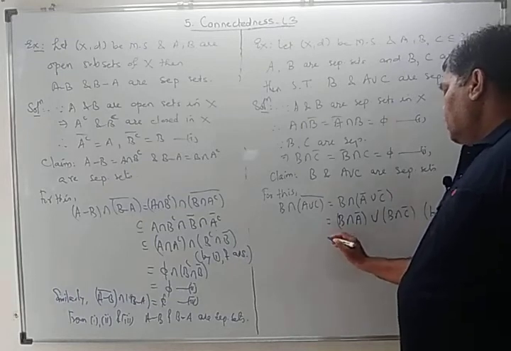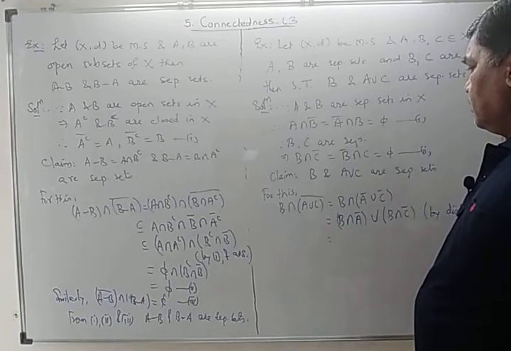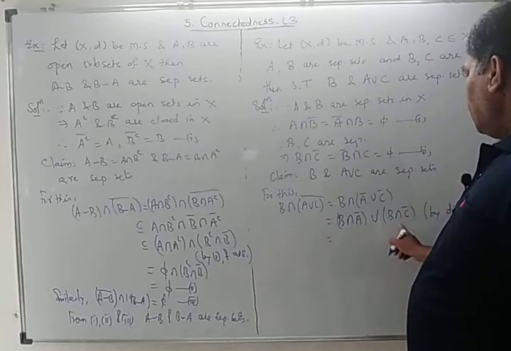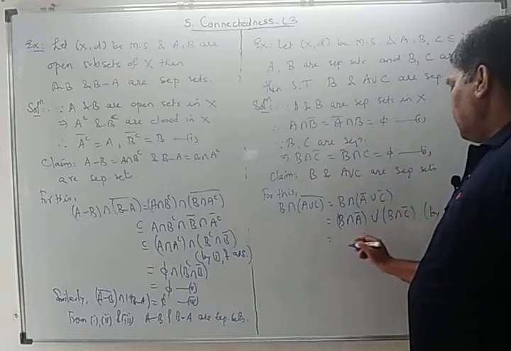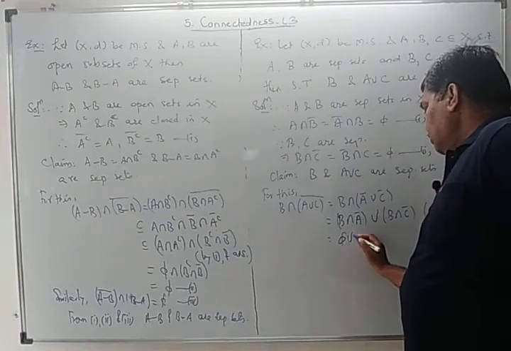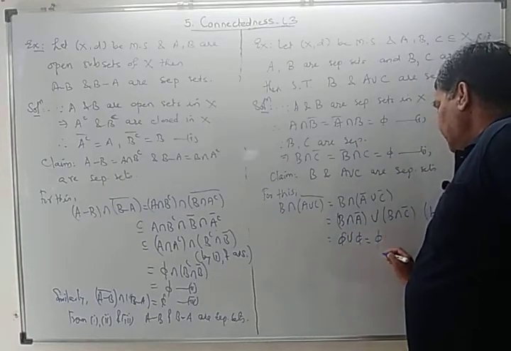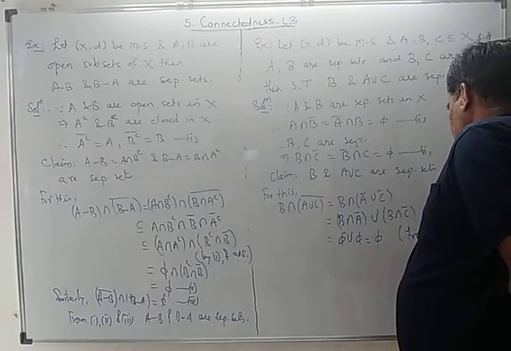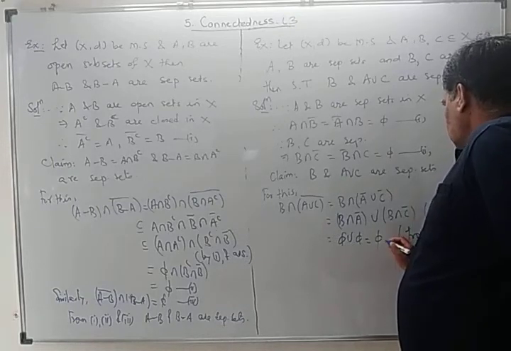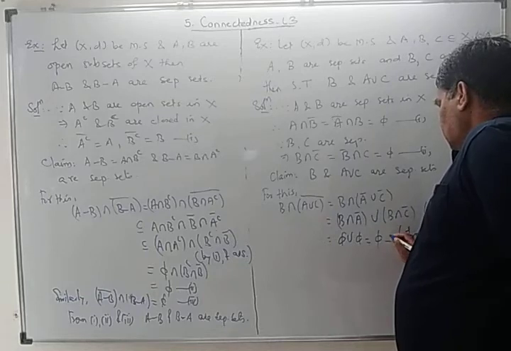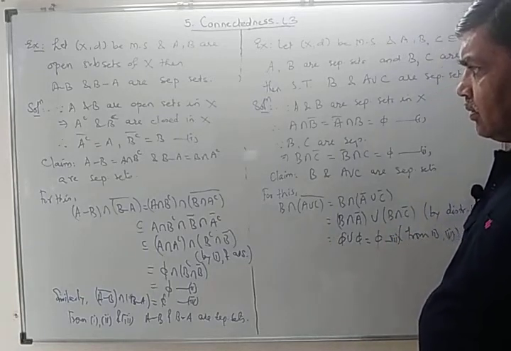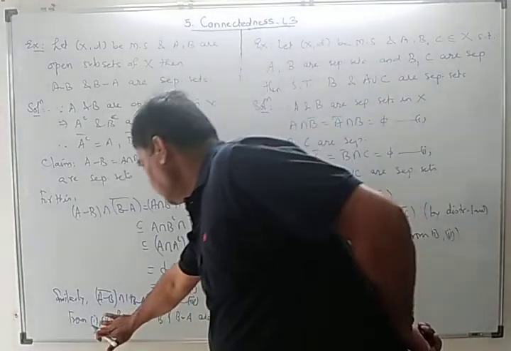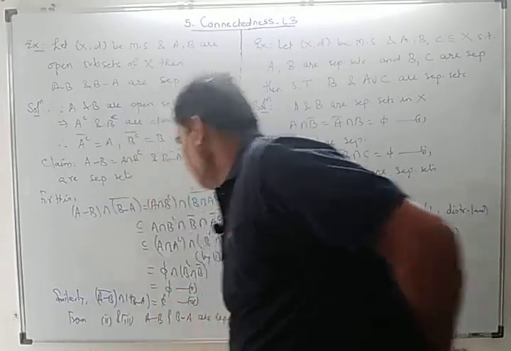Then B intersection A closure is phi, B intersection C closure is phi, from 1 and 2. So this is phi union phi, which is equal to phi. This is your 3.